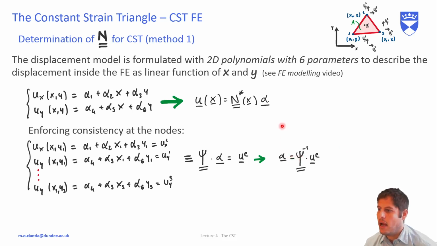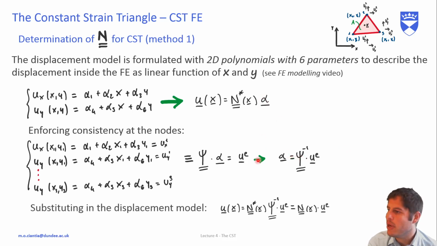Substituting this up here, we can again obtain that the shape function n, which is a function of the position x, is equal to n star times psi to the minus 1. Okay, so we've seen this last week in general terms. This time we have a linear relationship in terms of x and y.